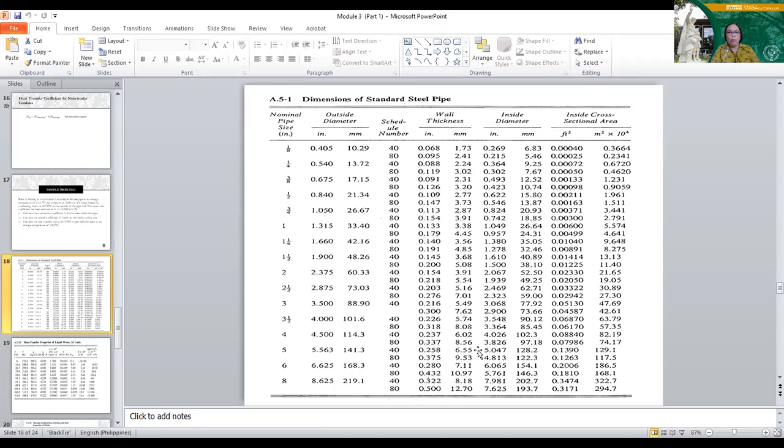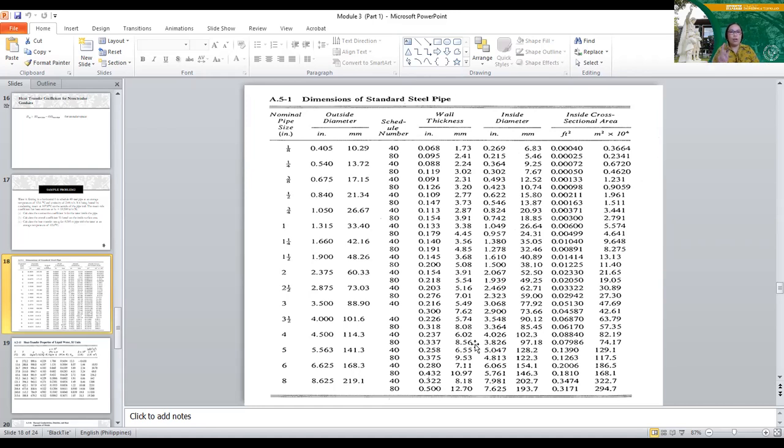The author of our book suggested that the wall temperature that you're going to use will be one-third the difference of the wall temperature if you use the temperature of the steam and that of the bulk temperature of the water. Again, you get the difference of the temperature of the wall basing on the temperature of the steam and that of the water inside, and you divide it by 3.